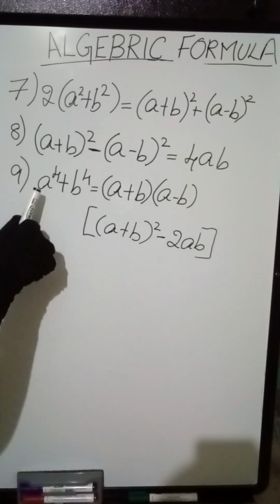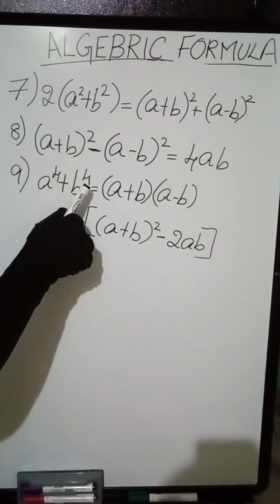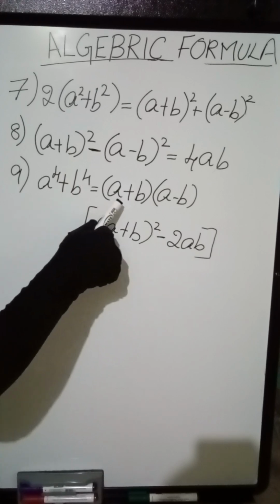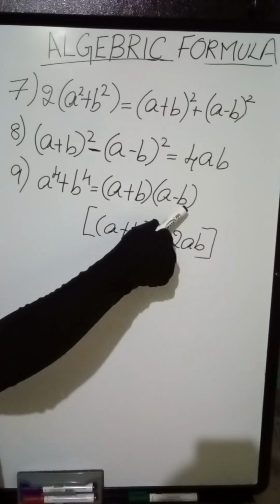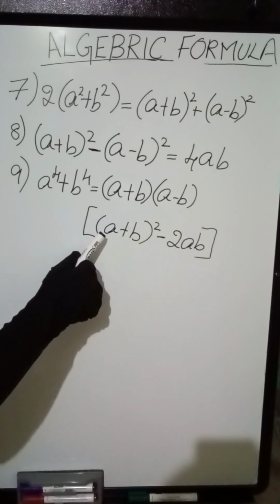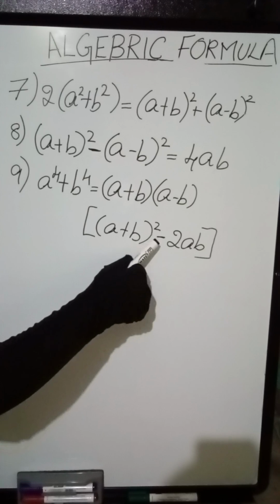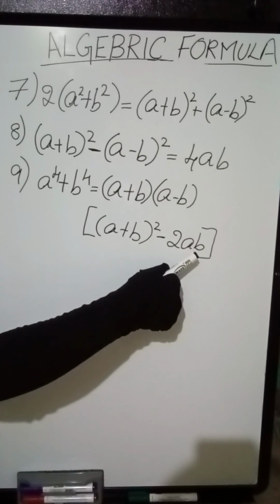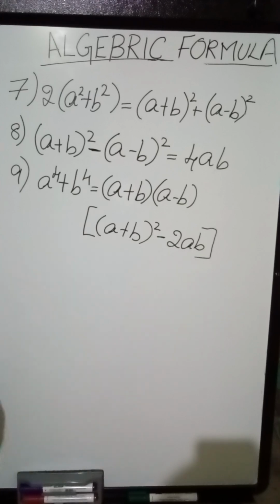So if you have a to the power of 4 plus b to the power of 4, then the formula will be a plus b into a minus b, into, inside the square bracket, a plus b the whole square minus 2ab. Okay.